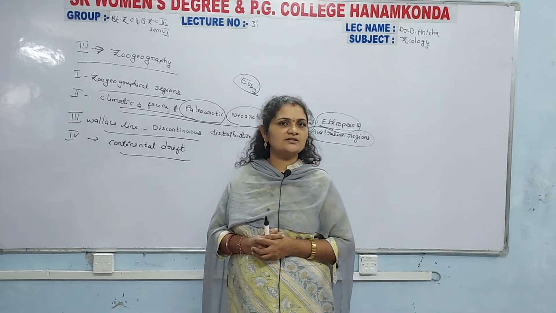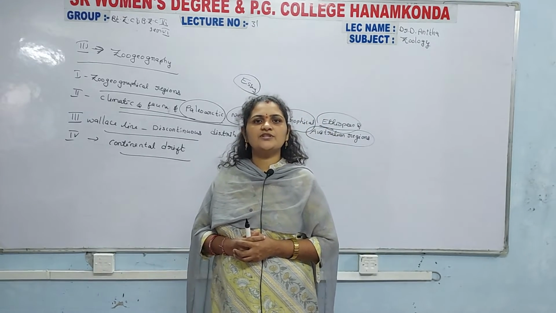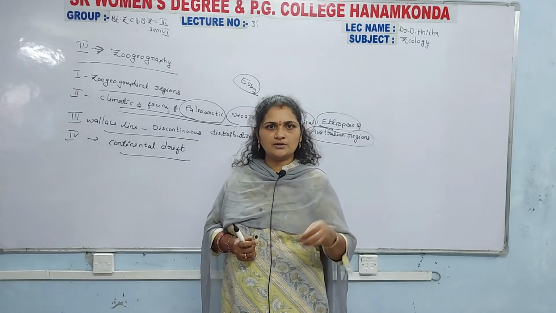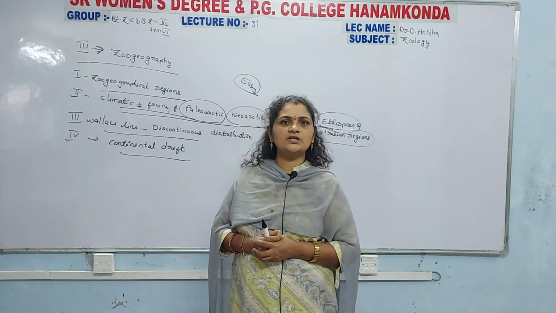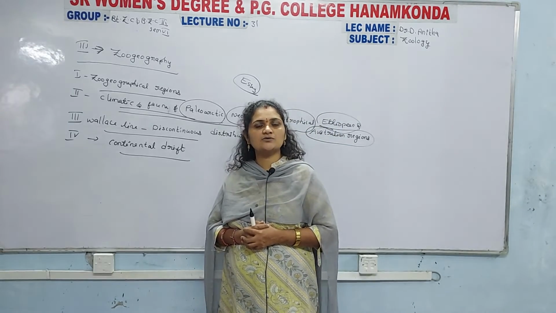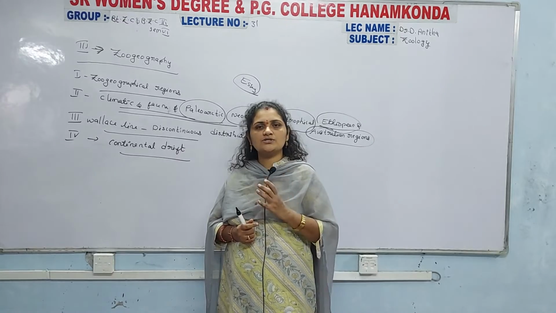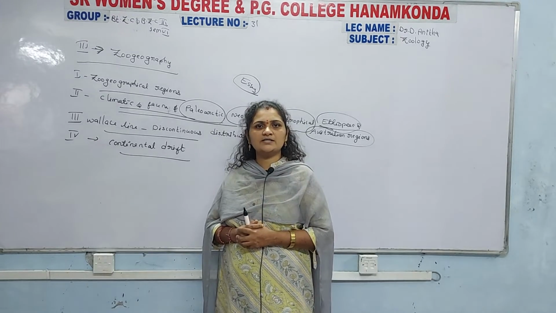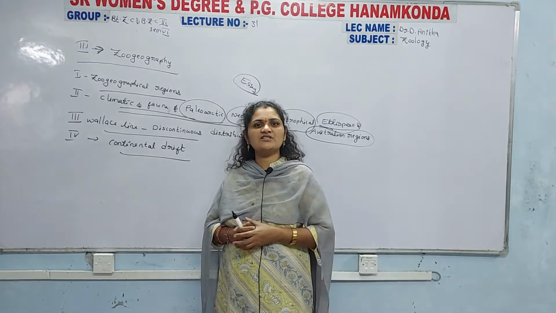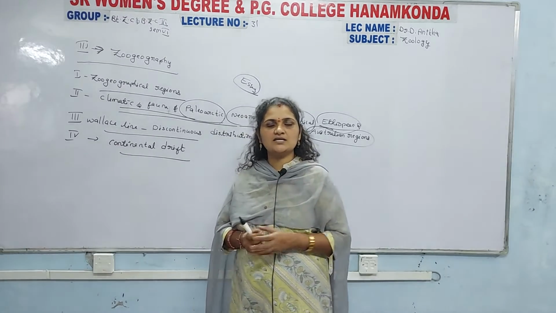For discontinuous distribution, they ask for a short answer question, and some examples are there. The organisms are not present throughout the world. Why? Because such organisms are restricted to particular areas only. Some climatic conditions support the organisms living in a particular area, and they make particular adaptations for living there.